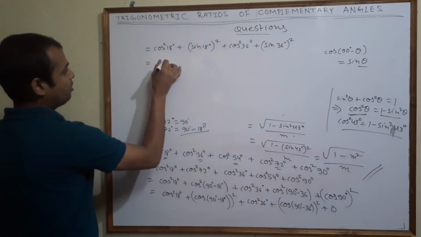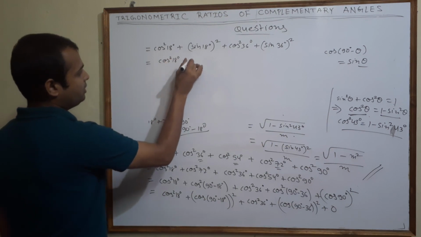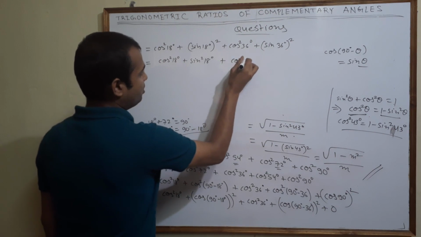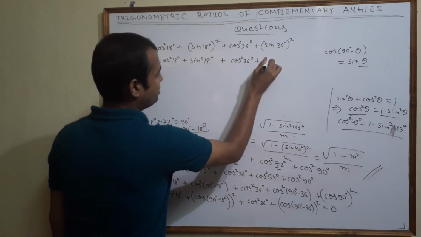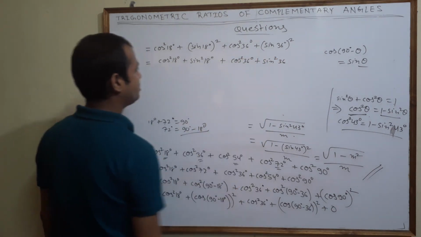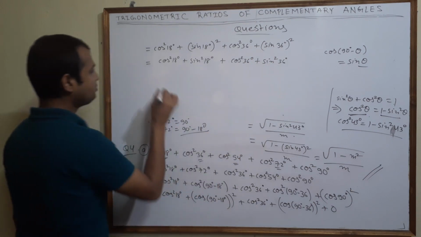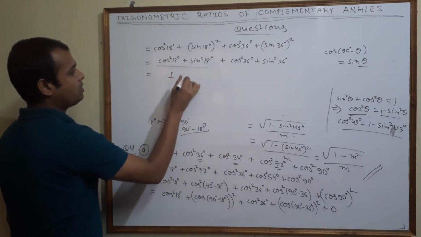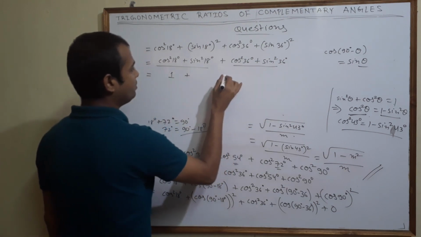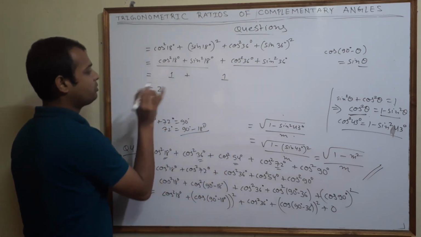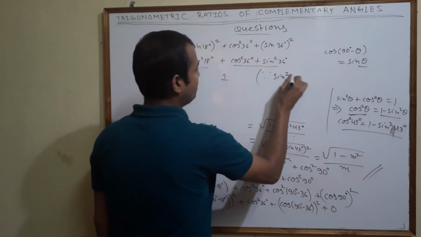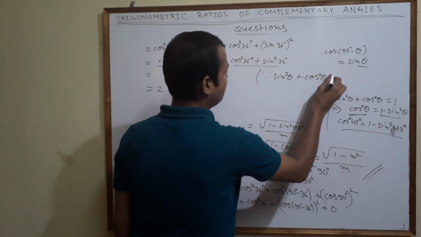Then cos square 18 degree plus sin square 18 degree plus cos square 36 degree plus sin square 36 degree. Now this is equal to 1 and this is equal to 1, so the total will be equal to 2. The reason is sin square theta plus cos square theta is equal to 1.